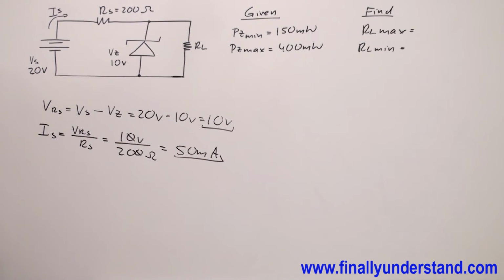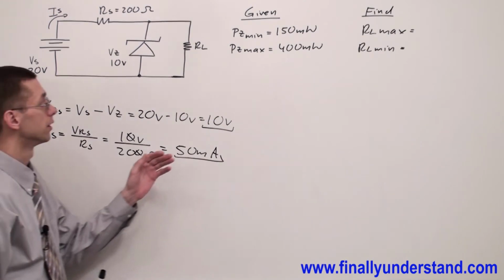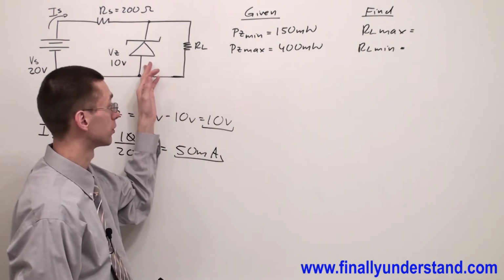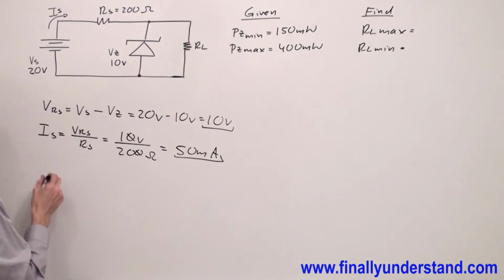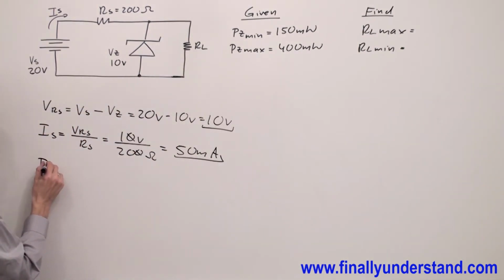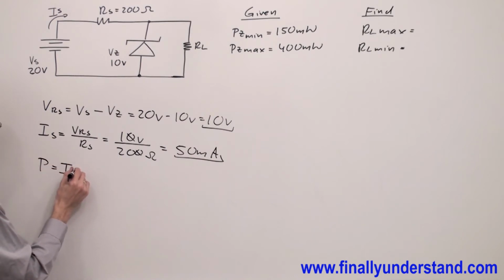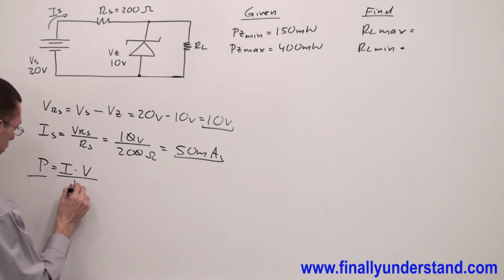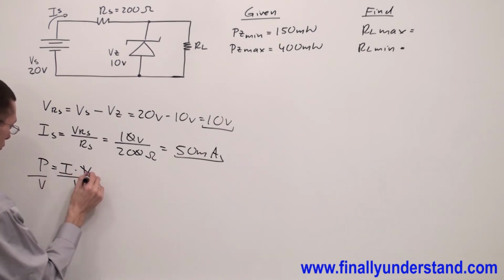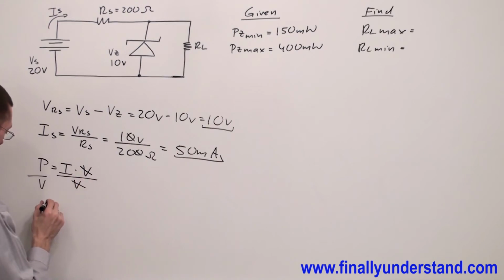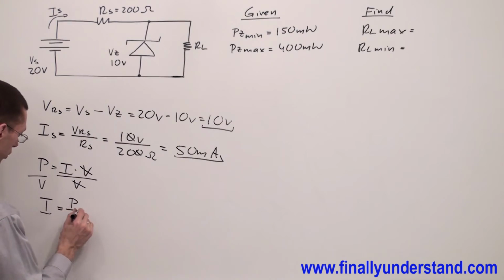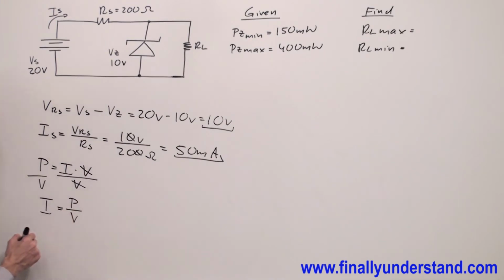Next, I'm going to find the minimum and maximum current which will go through this diode. The formula for power says power is equal to current times voltage. In order to find current, I have to divide both sides of the equation by V. V and V will cancel out, and I'm going to have current equals power over voltage.